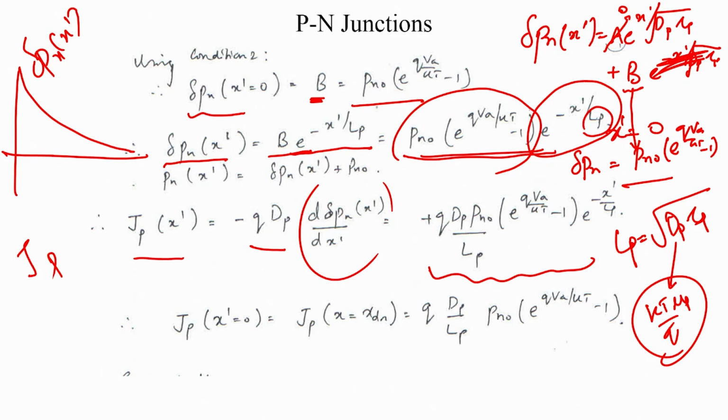You see that the diffusion current is dependent on x dash, and rightly so, because the concentration profile is varying with x dash. So, what we should be looking at is the easiest way to compute the current in the PN junction. So, if that is the junction, that is the x_dn and that is the minus x_dp.